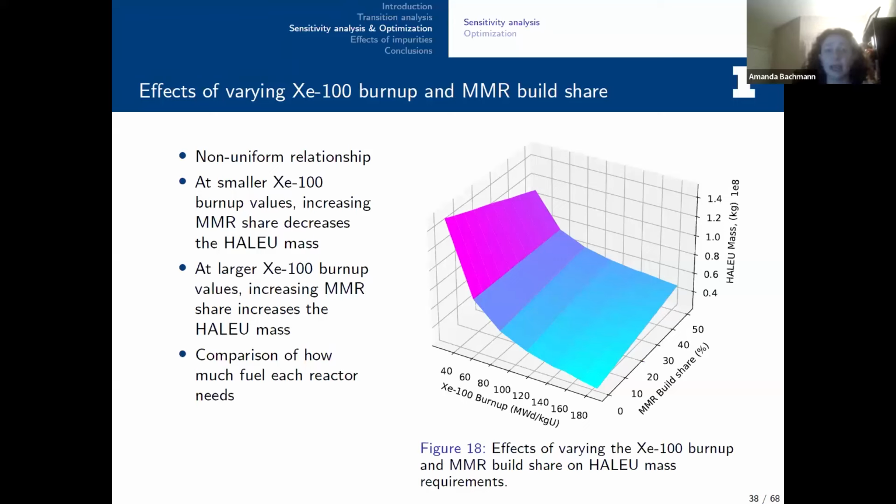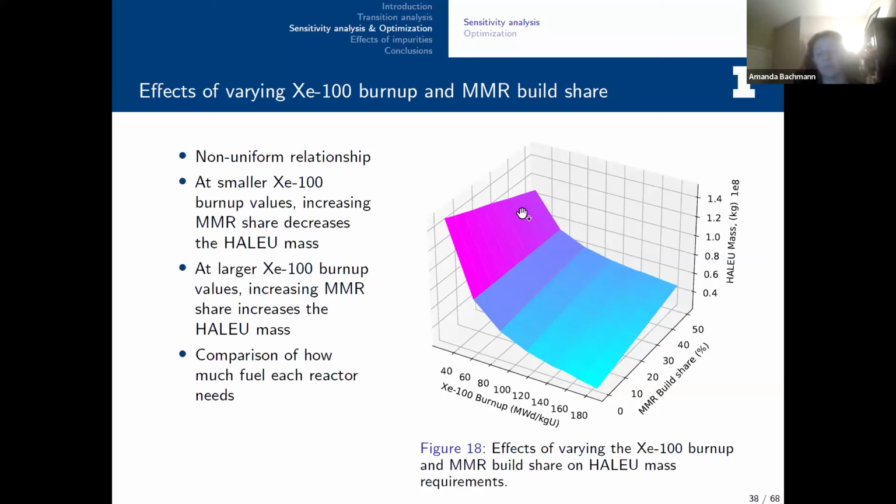Next, when we look at varying the XE100 burnup as well as that MMR build share, we see some pretty interesting results. Because we're varying the MMR build share, we still have this teeter-totter effect between the XE100 and the MMR and the materials that they each need. But when you also affect the XE100 burnup, we see that it's a non-uniform change across this design space. When we have the smaller XE100 burnups, looking at this side, having that lower burnup in the XE100 actually means that the MMR is going to need less fuel than the XE100 is going to need.